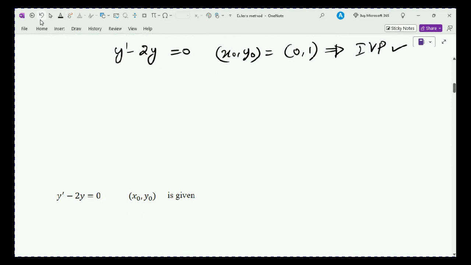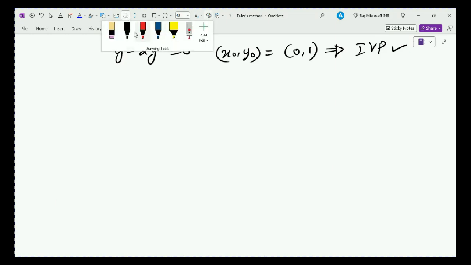Okay, so we will remove this now. As I told you, we are not going into the complete theory, but this discussion will give us an idea of how the method works. So we start with the differential equation.